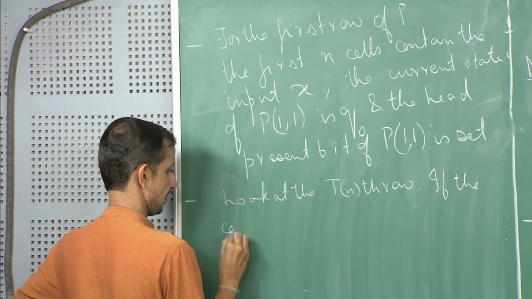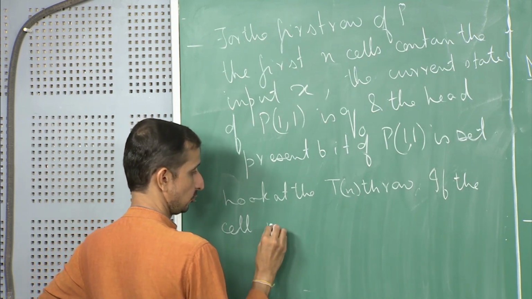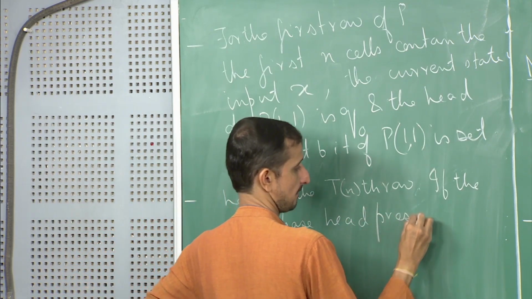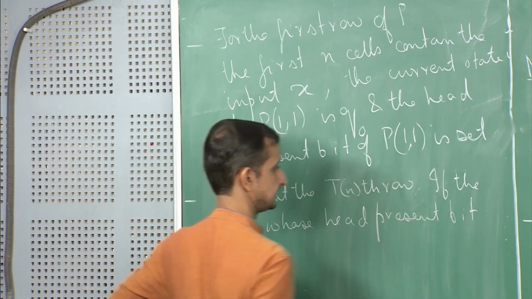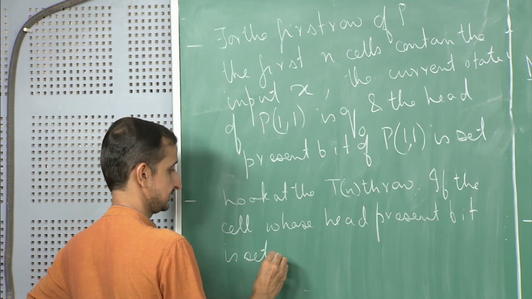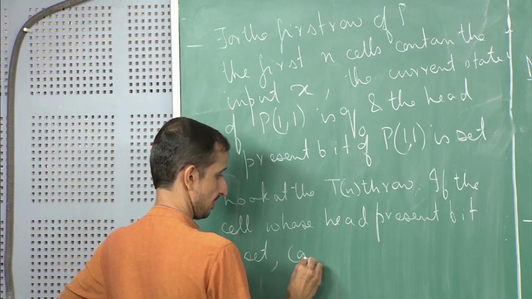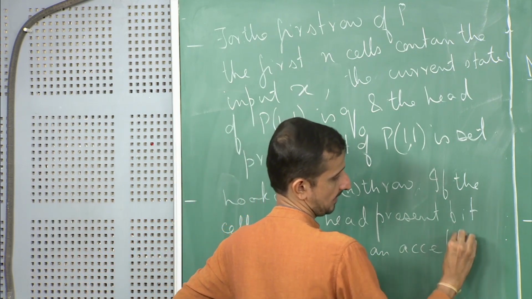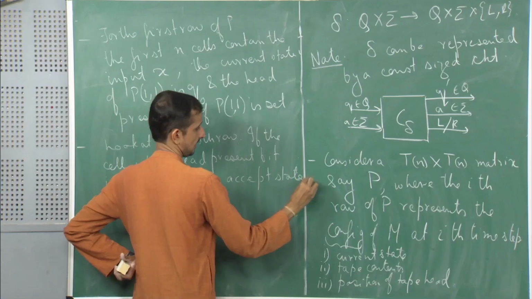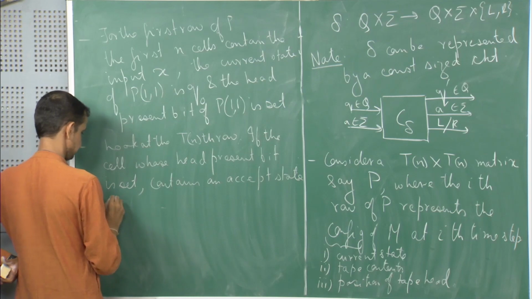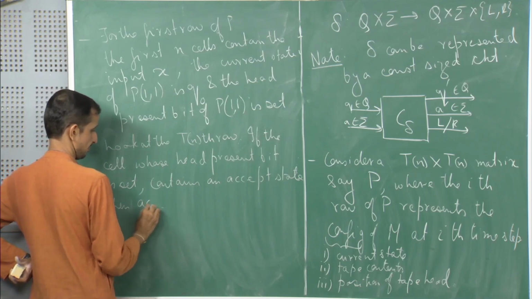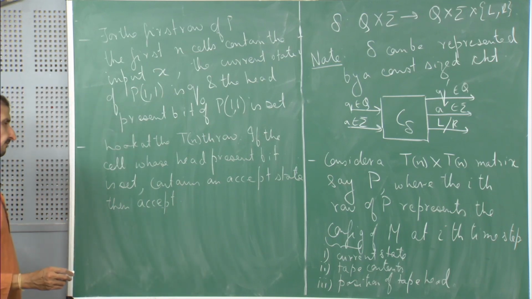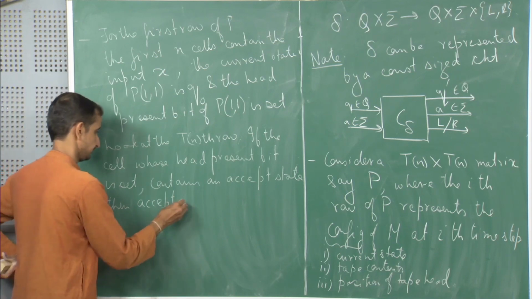If the cell whose head present bit is set contains an accept state, then accept.